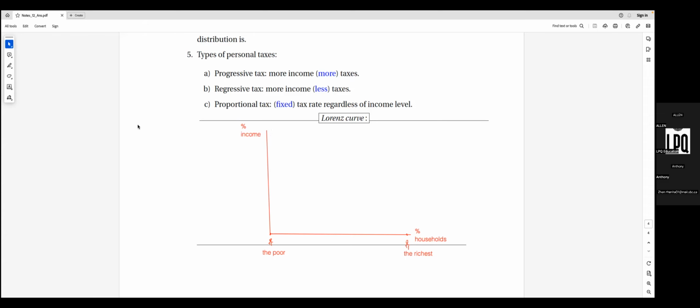Then this 45 degree line, it's a straight line. This straight line is called the perfect equity line.